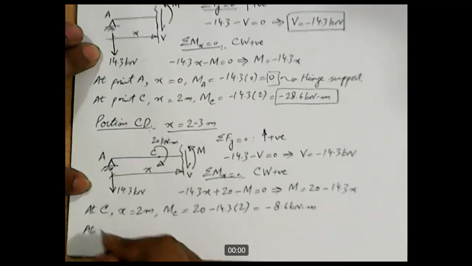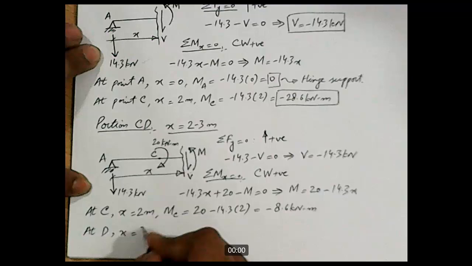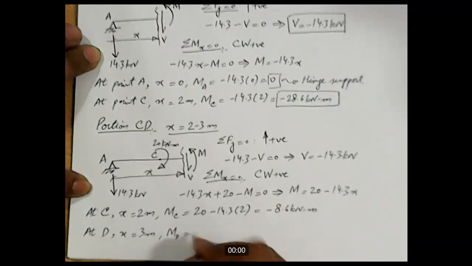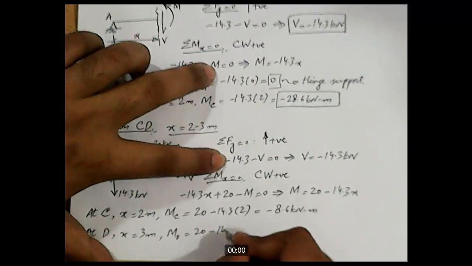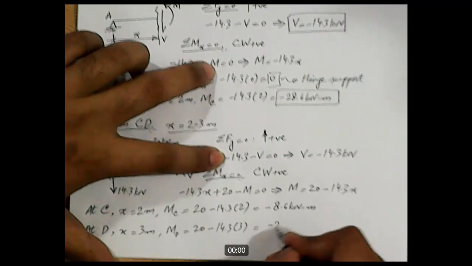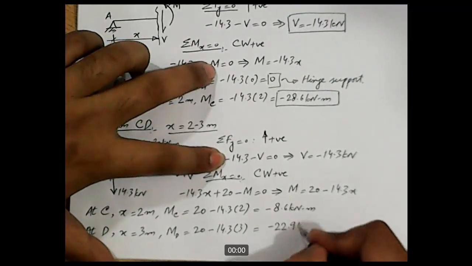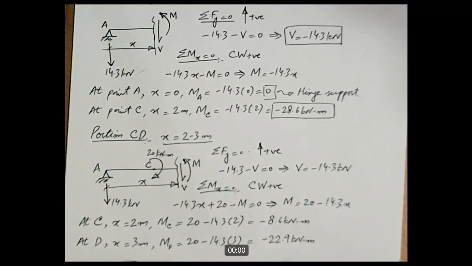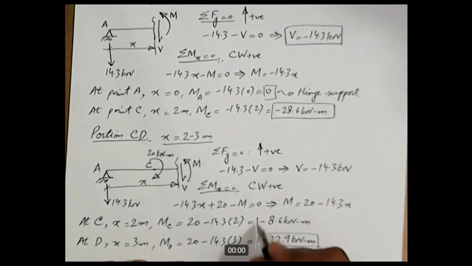And at D, X is equal to 3 meters and MD will be equal to 20 minus 14.3 into 3, and it comes out to be minus 22.9 kilonewton meter. Right? So this is the value of moment at D. This is at D and this is at C.